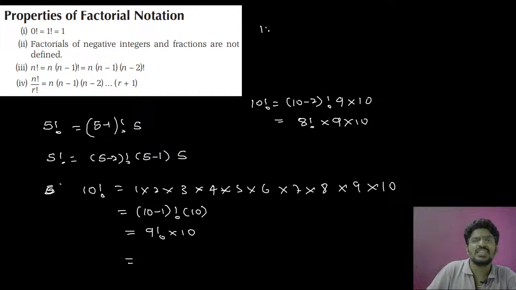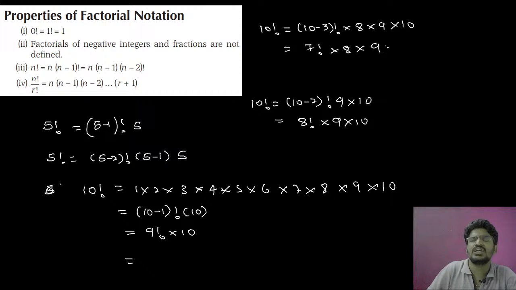Again 10 factorial can be written as 10 minus 3 factorial into 8 into 9 into 10. Here 10 minus 3 will be how much? 7 factorial. So 7 factorial into 8 into 9 into 10. Like this you can write. That is an important property of n factorial.